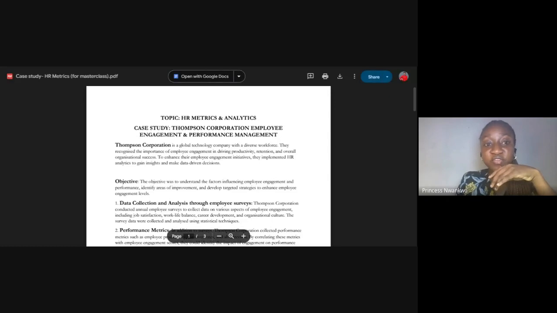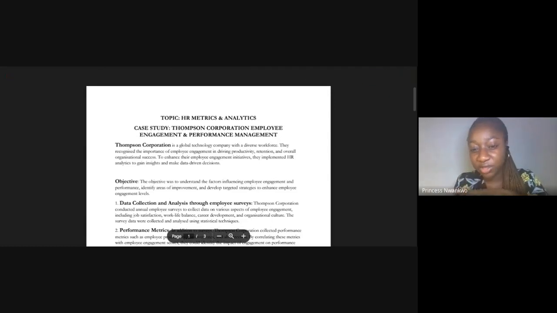So the first thing that they were trying to do was to understand the factors that influence employee engagement. And the reason why they want to understand these factors is so that they can know what to improve on or what to stop doing. Okay, exactly. So they want to identify areas of improvement, and then they want to be able to develop targeted strategies to enhance their employee engagement levels.